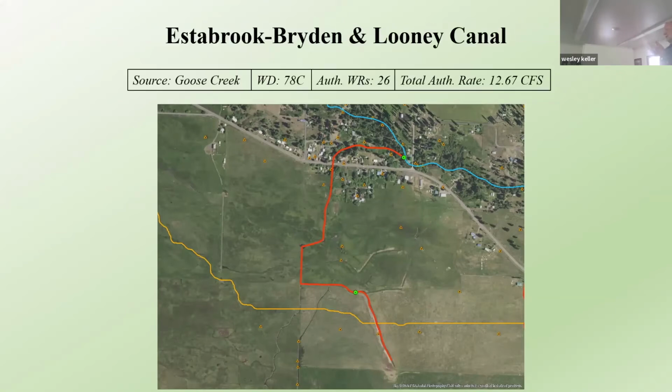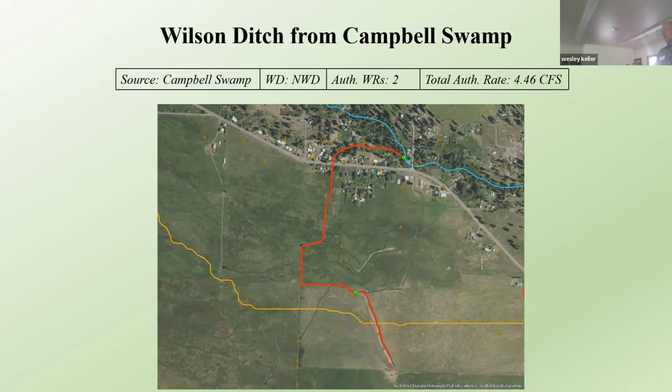The Estabrook Bride and Looney Canal is sourced from Goose Creek. It is within Water District 78C. There are 26 water rights associated with it, and it has a total diversion rate of 12.67 CFS. Now the next one, the Wilson Ditch from Campbell Swamp.